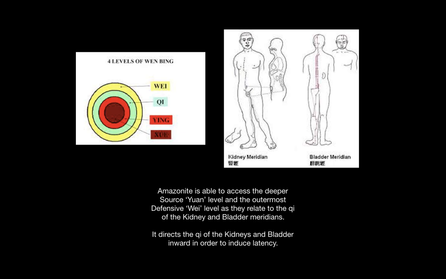Amazonite is able to access the deeper source or yuan level or shu level and the outermost defensive wei level as they relate to the qi of the kidney and bladder meridians. So it will direct the qi of the kidneys and the bladder inward in order to store past memories or traumas that we are not ready to deal with yet.